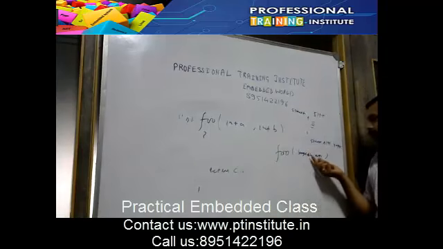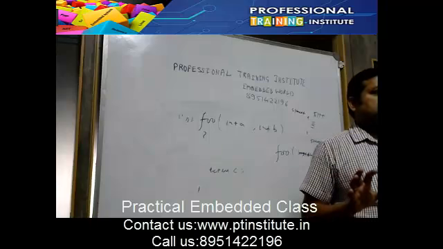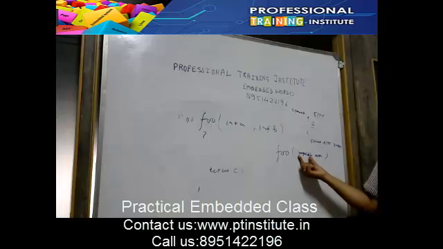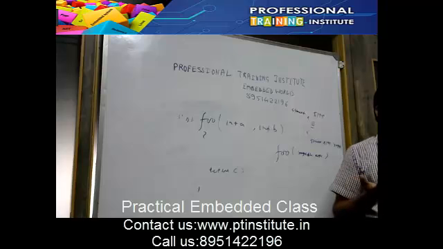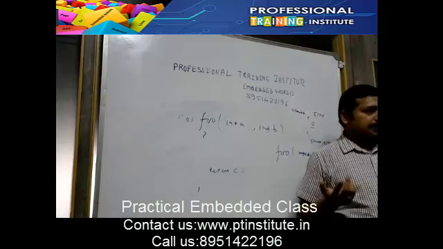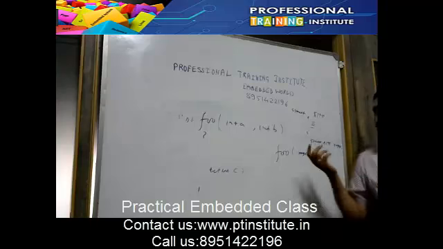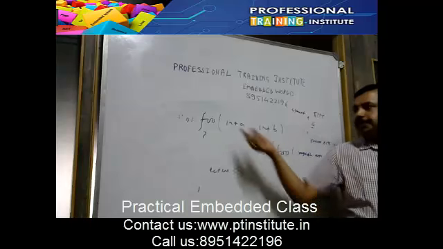Yogesh is a structure, but Yogesh.age is an integer. Although it is an element of the structure, it is an integer, so I can receive it in an integer. No problem in that.